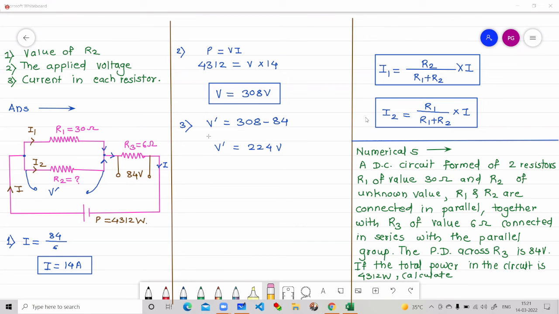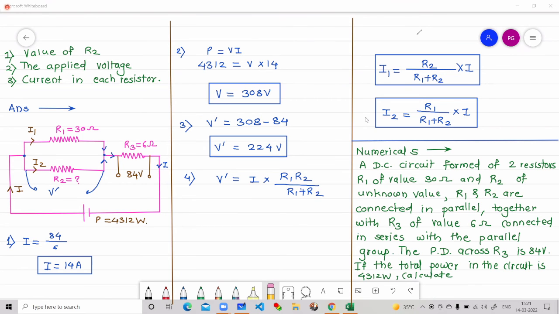Correct. तो combination के दोनों resistances के across कितना potential होना है, we have calculated. Now the next thing is we want to know the value of R2, and we know the current which is going through this combination. If I write V dash as total potential, then the total current, and the equivalent resistance will be R1 into R2 upon R1 plus R2.